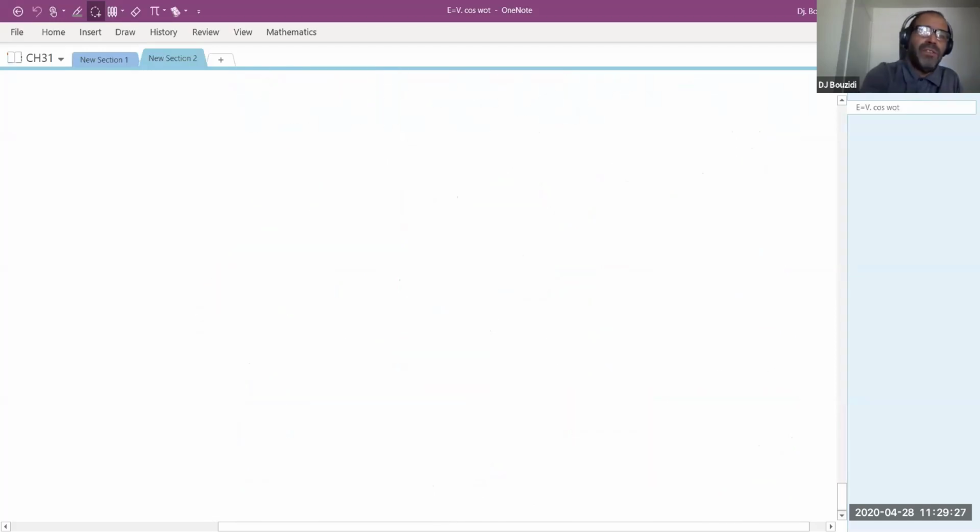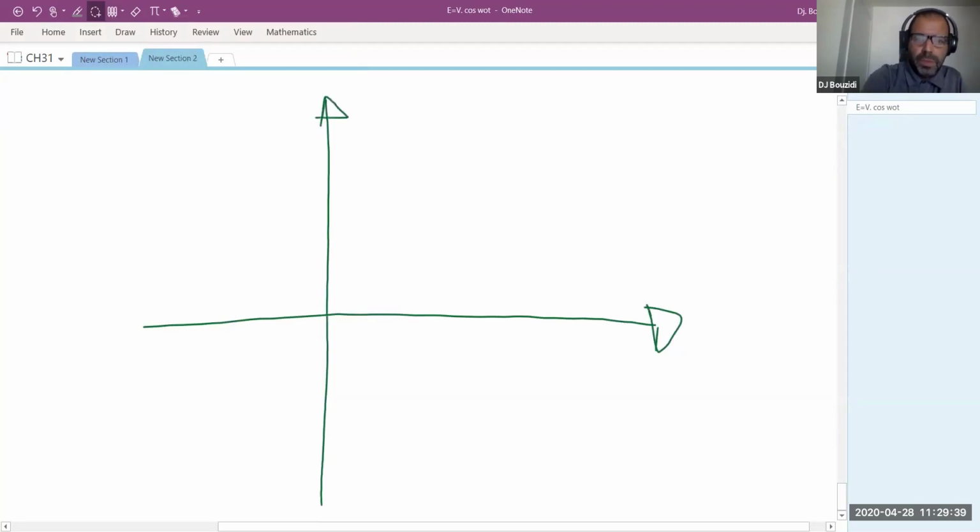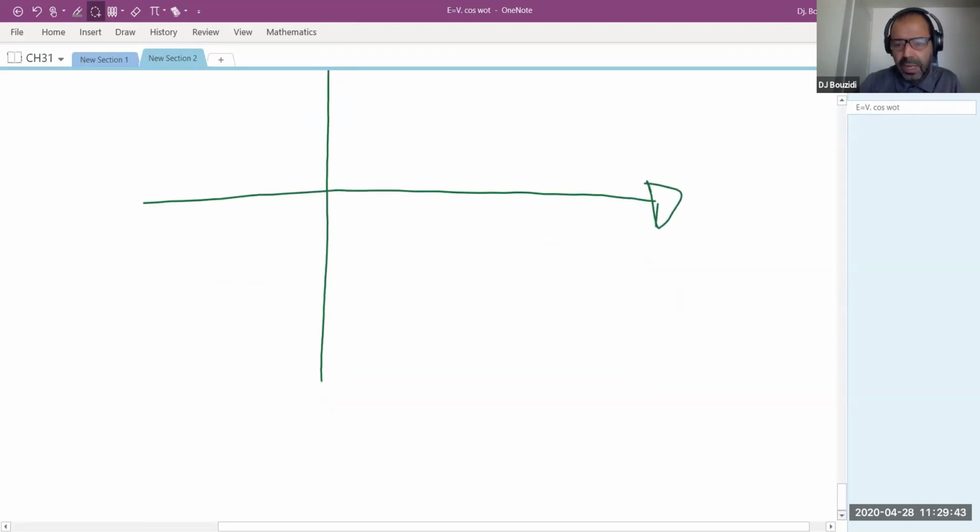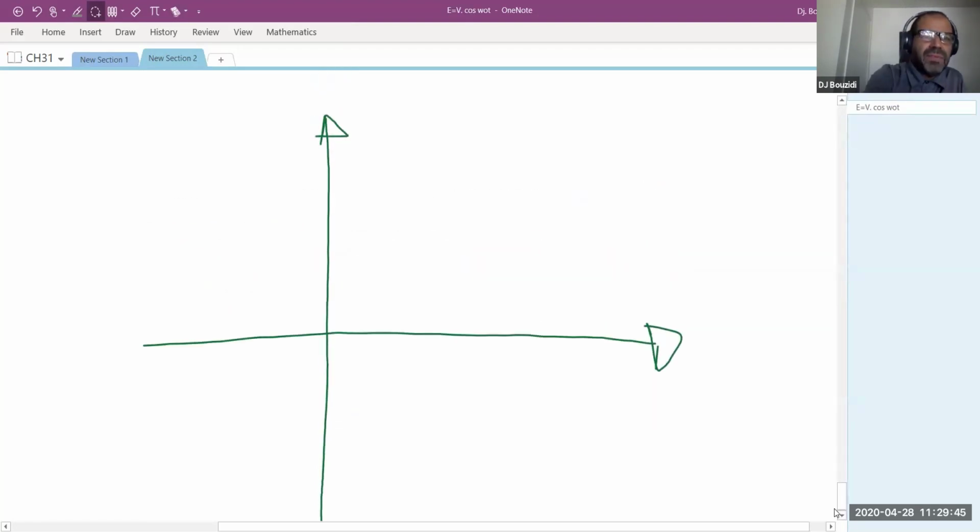What's going on? First of all, the voltage itself. Okay, so this is my x-axis and y-axis. I'm going to start writing the signal itself has this value, which is V naught, the length, and it's making an angle of omega t.